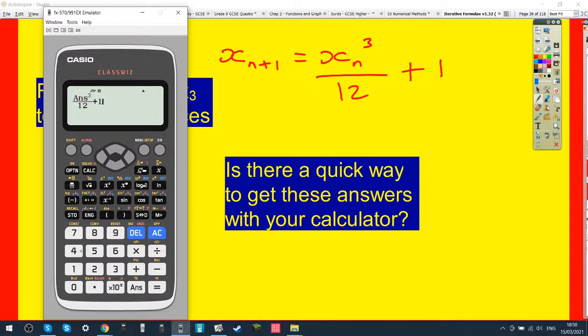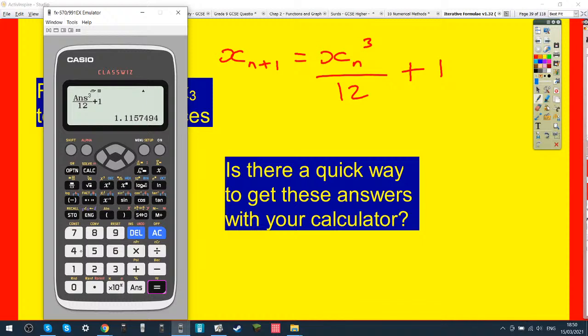Press equals, that is x1. Press equals, that's x2. Press equals, that's x3, and so on. If you keep pressing equals, we'll get x4, x5, x6, etc.